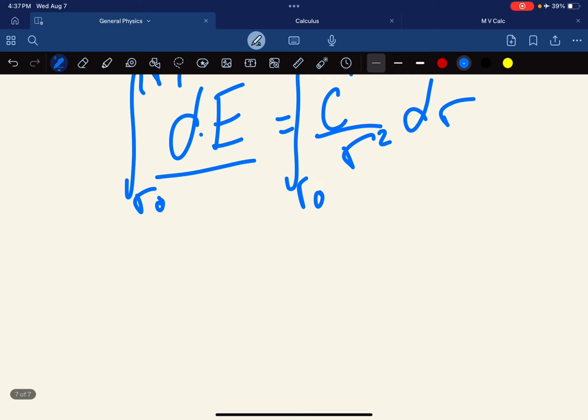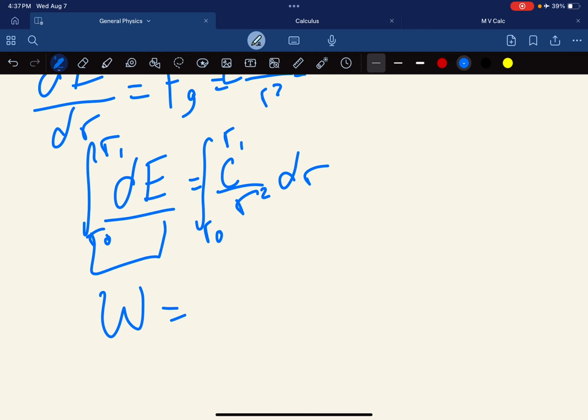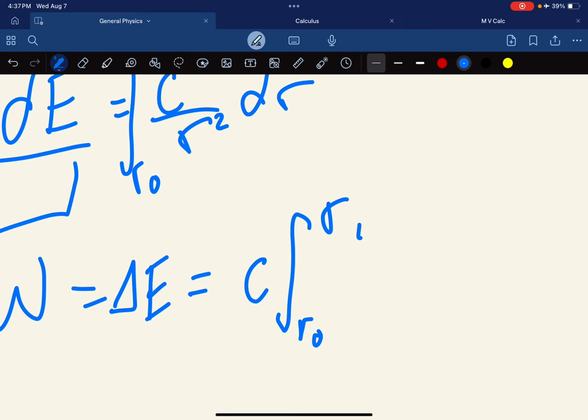So this integral right here is just equal to the work done in the system, since that is the change in energy, and work is equal to change in energy. So now we just have to tackle this piece right here. Since that is a constant with respect to r, we can pull that out of the integral, and we can just integrate 1 over r squared, which is also equal to r to the negative 2, times dr.